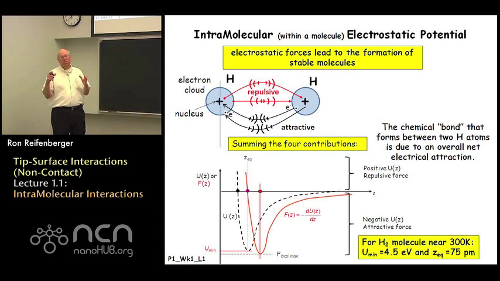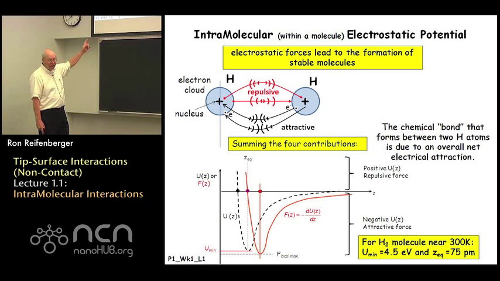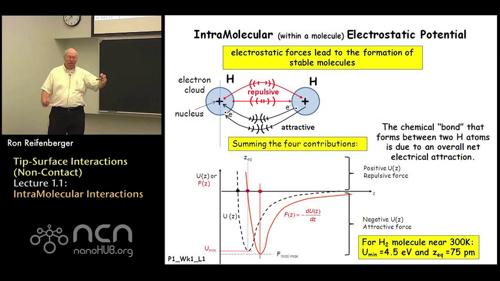So first of all, this is a quantum mechanical calculation in principle, because the electrons are delocalized around the nucleus of each hydrogen atom. Those electrons have to be represented by wave functions, and those wave functions are schematically shown in this diagram by a spherically symmetric electron charge cloud. But what can happen is the two atoms are brought close to one another.